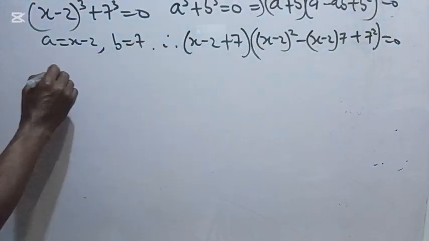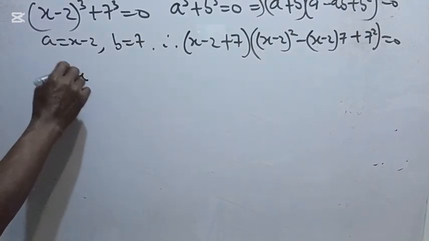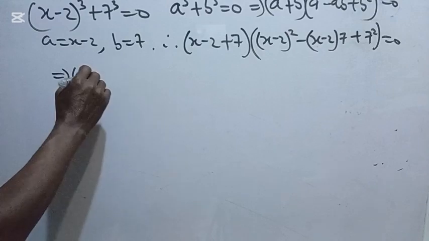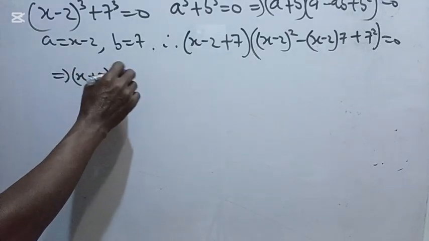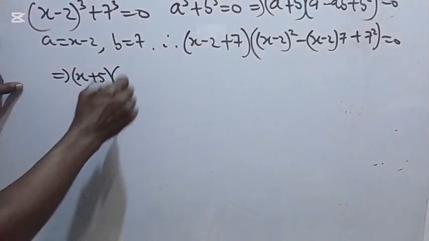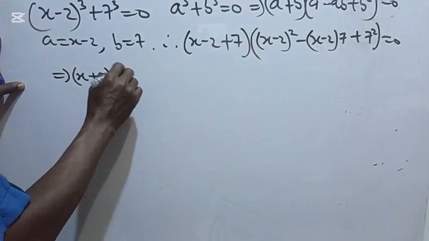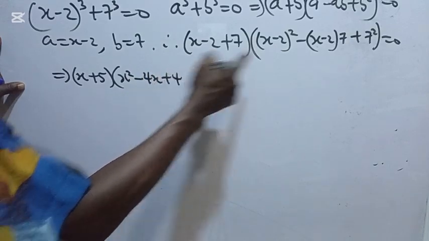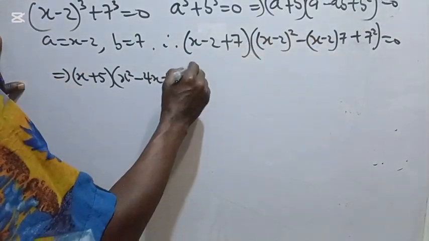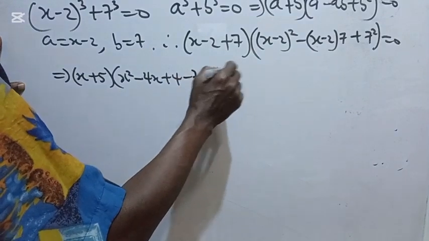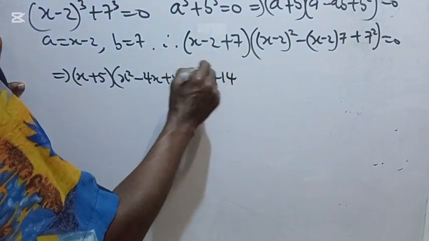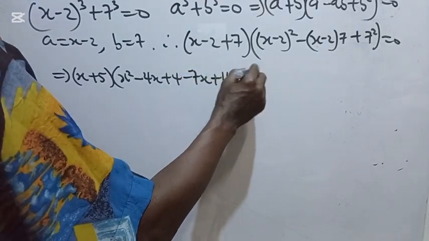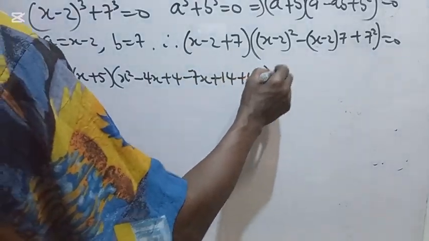So this one will give us x minus 2 plus 7, that is x plus 5, in the brackets. (x minus 2) squared will be x squared minus 4x plus 4. Then minus 7 times (x minus 2) is minus 7x plus 14, plus 49 equals 0.